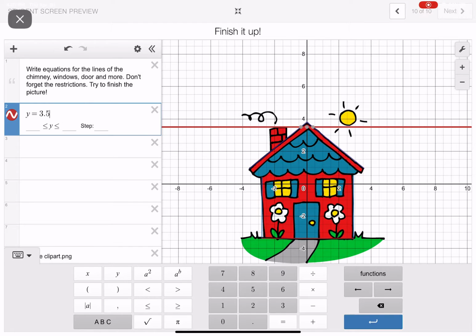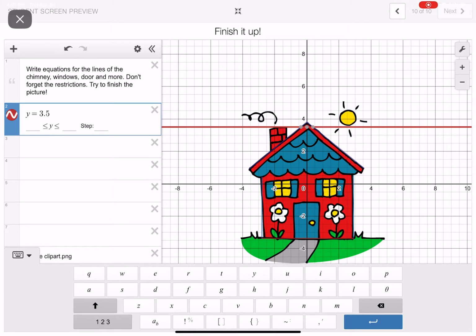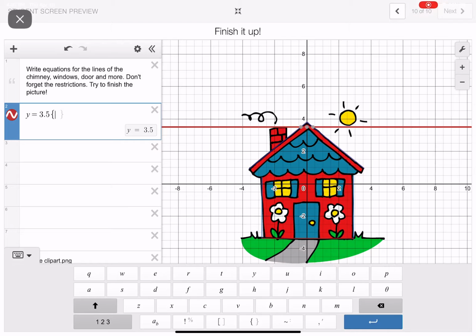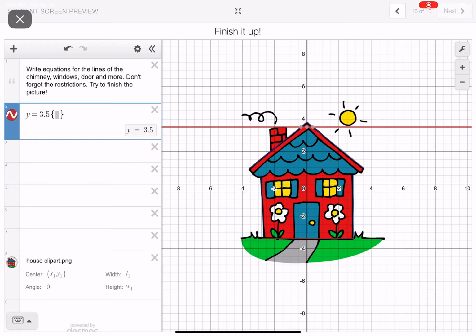In order for us to put things on a graph that don't go forever, we have to place restrictions. In Desmos, the way we do that is with squiggly brackets, and we basically go from low to high. Since this graph is a horizontal line, y is always 3.5, no matter what.